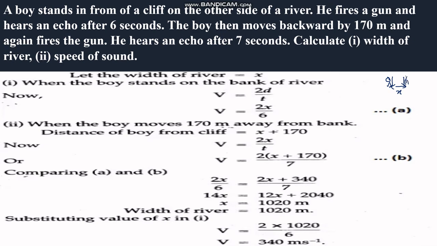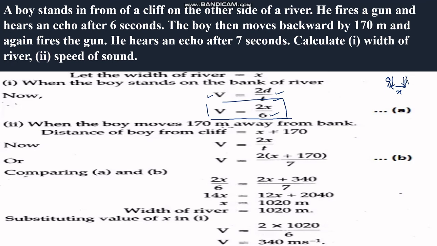And he's standing over here and he fires a gun. So he is hearing an echo after 6 seconds. Clear? So the velocity is given by 2d upon t. V will be equal to 2x because x is the distance that we have assumed and time is 6. So we have got one equation as V is equal to 2x upon 6.